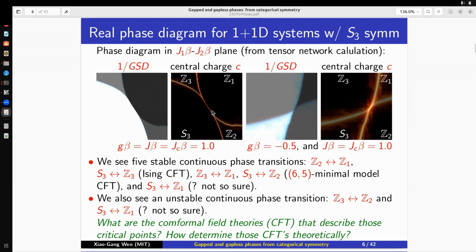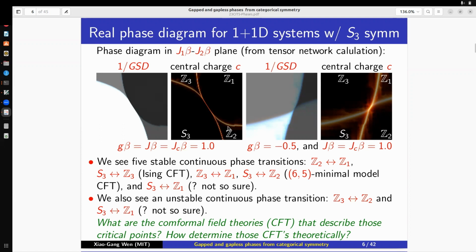And I feel more confident about the other lines, because you can see they have some width. That is a crossover regime, not a sharp transition. It's a crossover, then a critical regime, then it goes back.